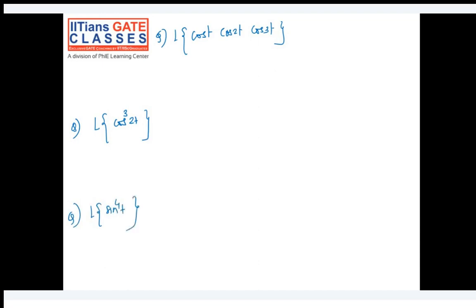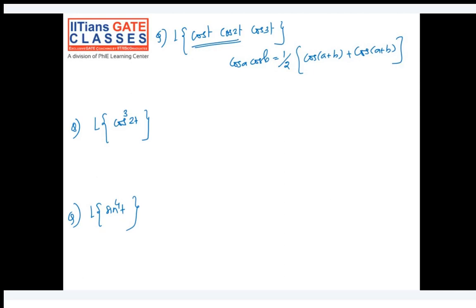Similarly, you know the 2 cos a cos b formula, right? Cos a cos b will be 1 by 2 times cos of a plus b plus cos of a minus b. So using this formula, you can convert these multiplications into additions, and then you can apply the linearity property, right? So this is a hint to this problem.